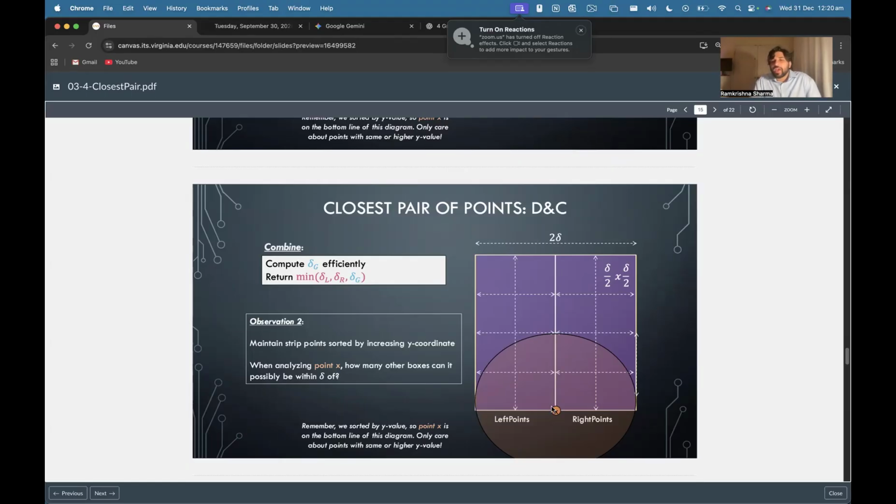And that makes sense because if you have a point here and you're looking at this space here, you can't be more than delta up, right? You just can't, because a pair straddling the midline has to be less than delta. Otherwise, it's not a valid pair to consider. So essentially, the idea is you must be less than delta. So delta is the maximum reach you can have on that vertical.